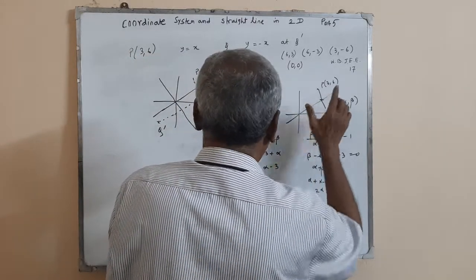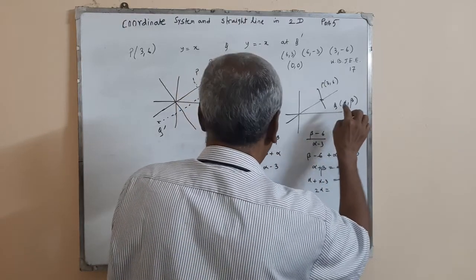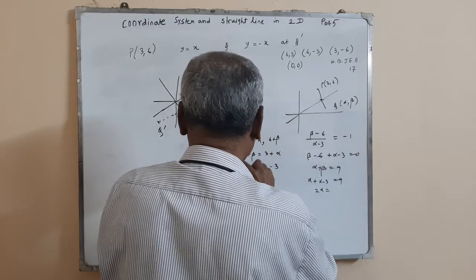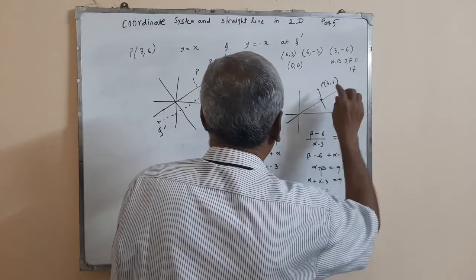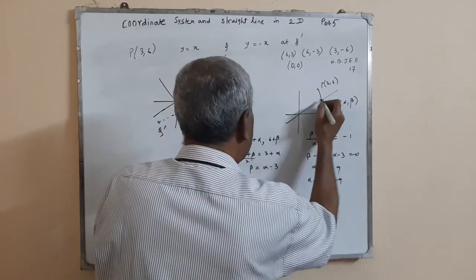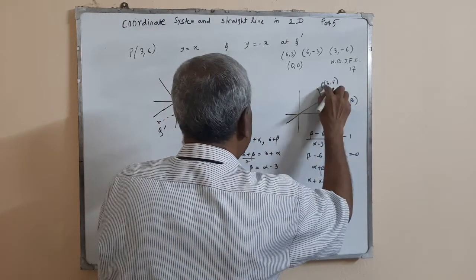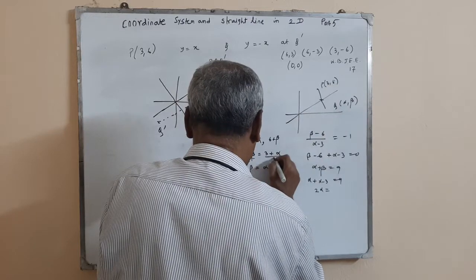It lies on y is equal to x. Then the midpoint is (3 plus alpha) by 2, (6 plus beta) by 2.